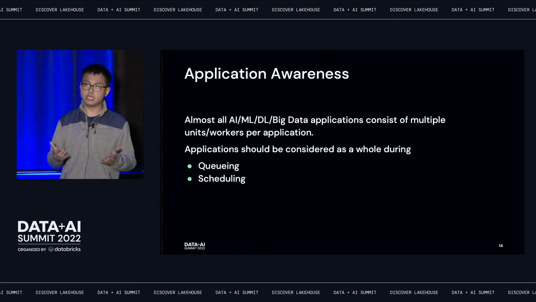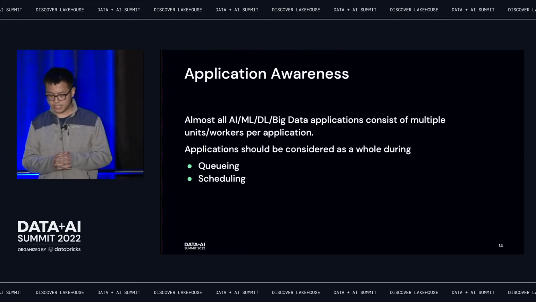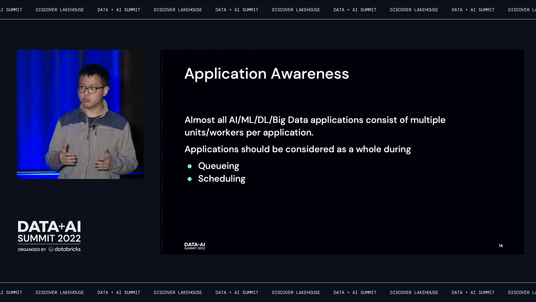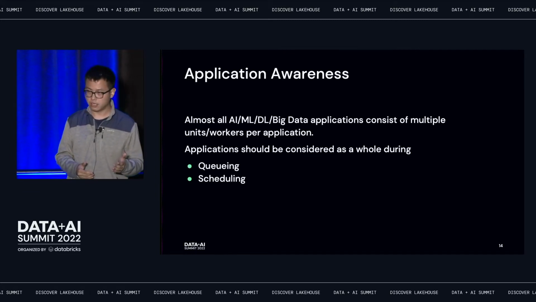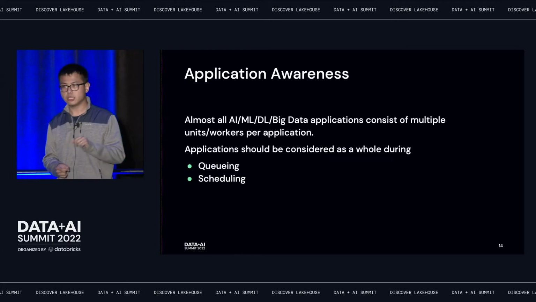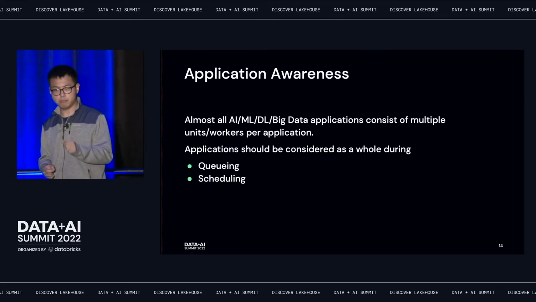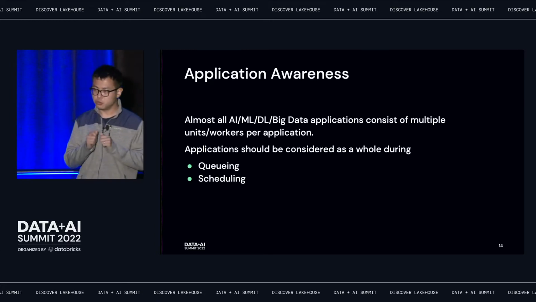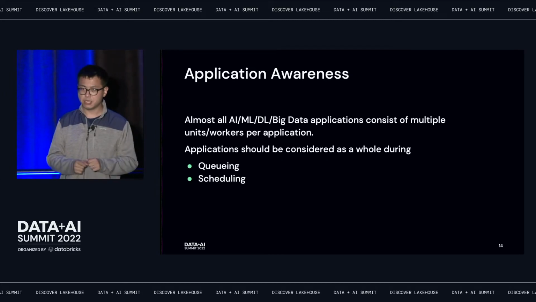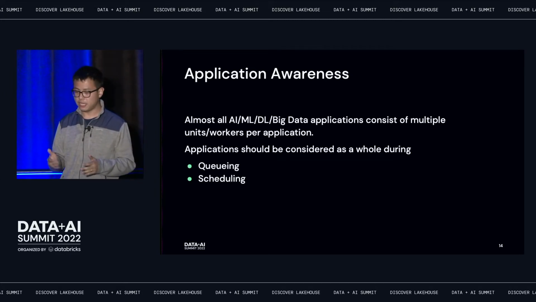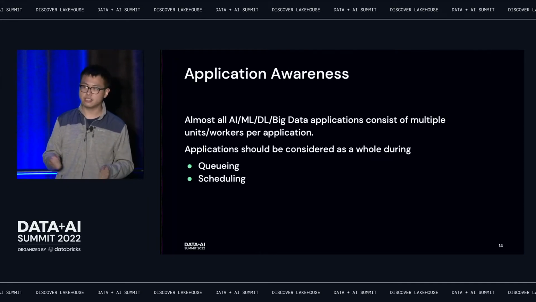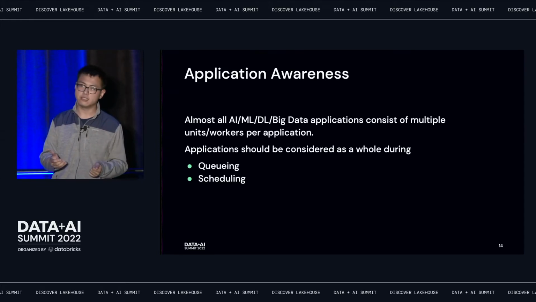Consider if we don't do that, what would happen? If we don't have application level awareness during queuing, then that means queuing would happen at the pod level. And you really don't want that. Because consider this example. You have 2 Spark applications, one submitted right after the other. So now you have 2 Spark drivers that are waiting in the queue, waiting to be allocated.